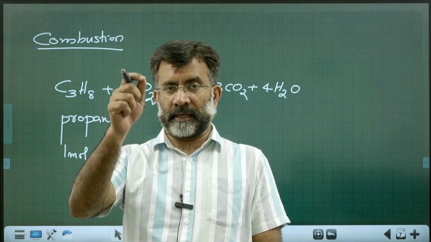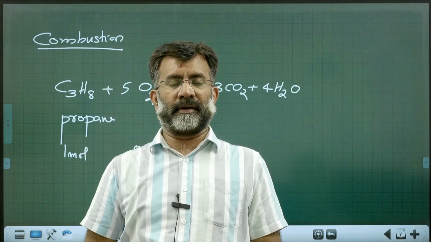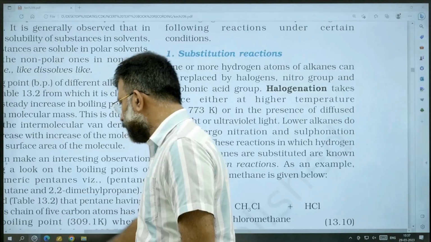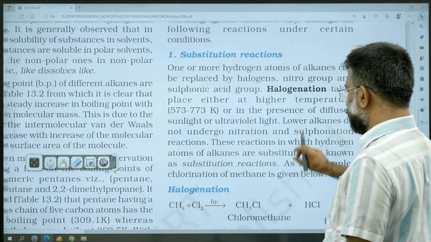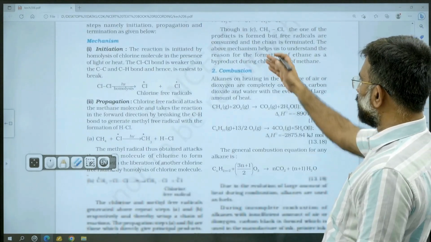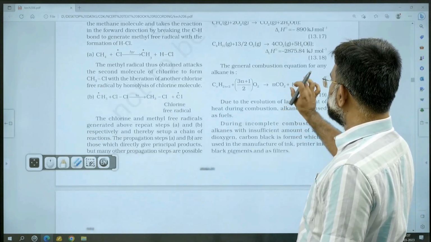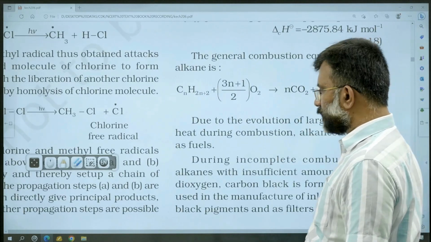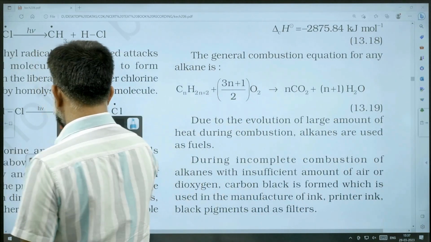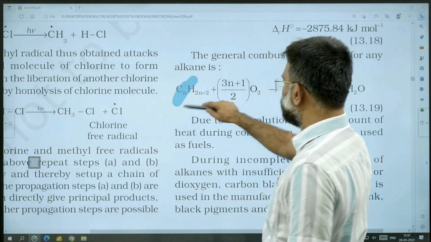Meanwhile, there are some controlled oxidation reactions given by alkanes. That is important. I was referring to the combustion reaction, and this is the general equation for the combustion reaction, which it is better if you know.